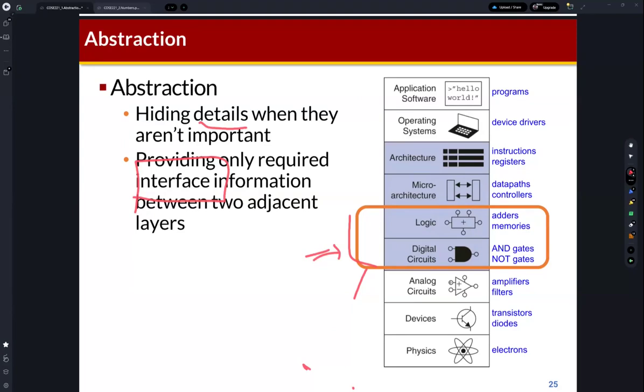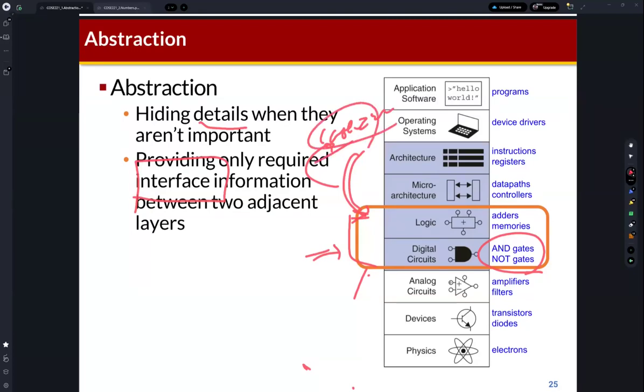And in this course, we will just focus on the circuit. As you can see, you can find the AND gate, NOT gate here. These are basic logic gates. And also we will focus on logic, okay, like the adders and memories. And then as you can see, these layers, like the architecture or microarchitecture layers, will be covered by the computer architecture course, the COSE222, okay?